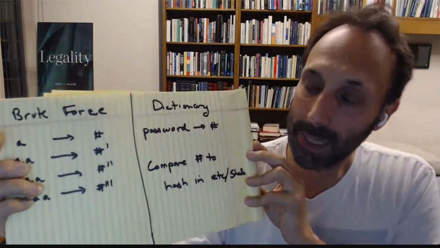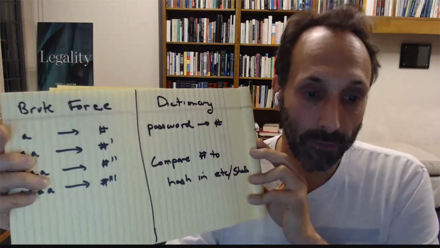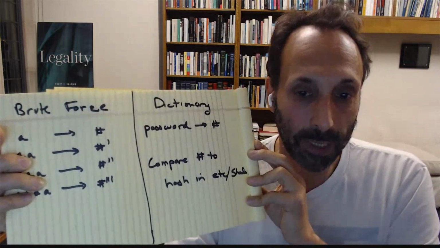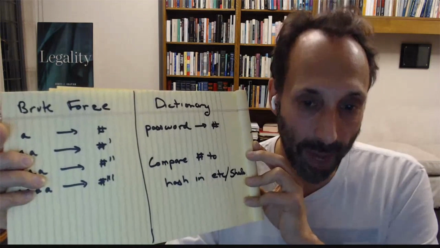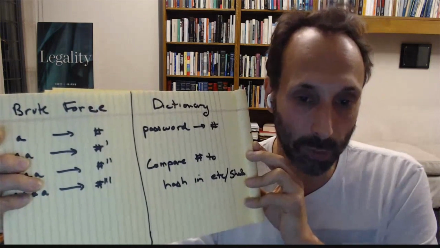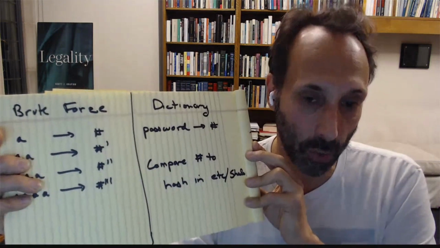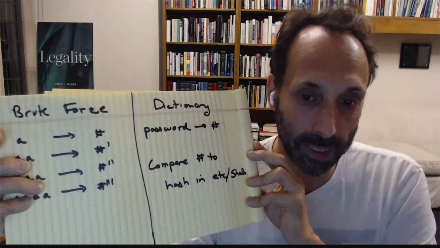What we're going to use is what's called a dictionary attack. What a dictionary attack does is it takes common passwords. It computes the hash of those common passwords, generally from a password breach or something like that. And then it compares it to the hash that is stored in the etc shadow file.